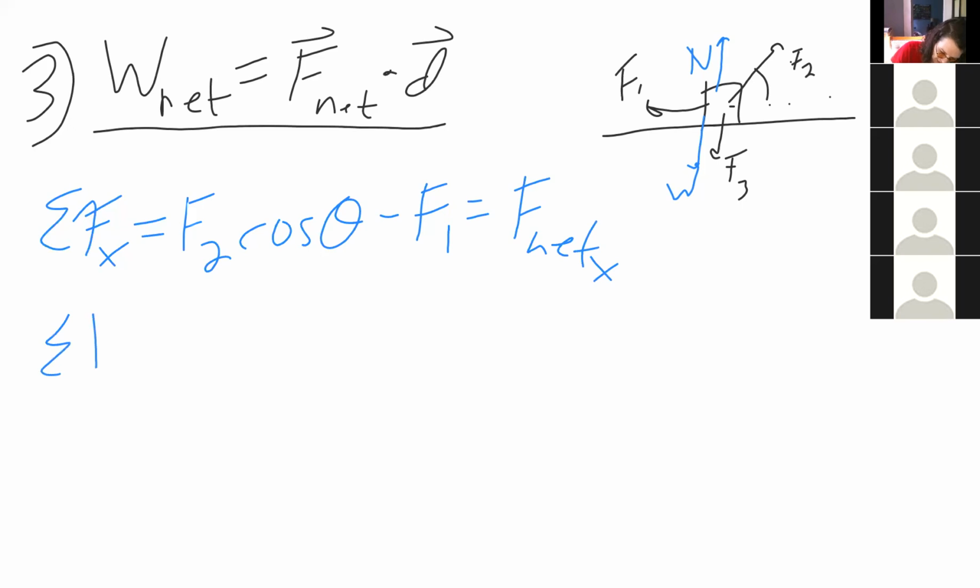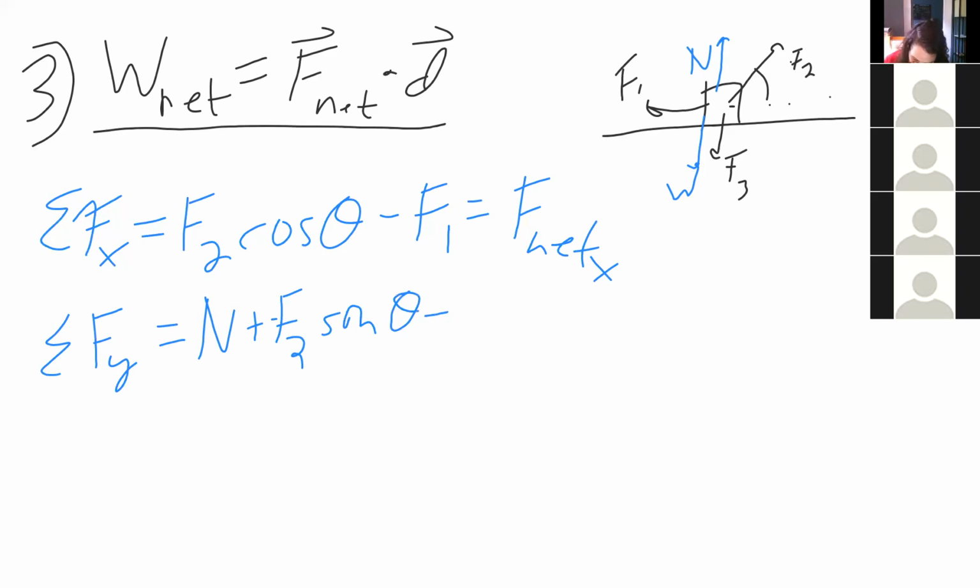If I wanted to find the y component of the net force, I would just sum the forces in the y direction. I have my normal force up plus the y component of force 2, which is F2 sine of theta. And then downward, I have the weight and I have F3.